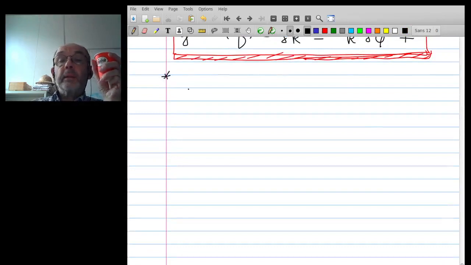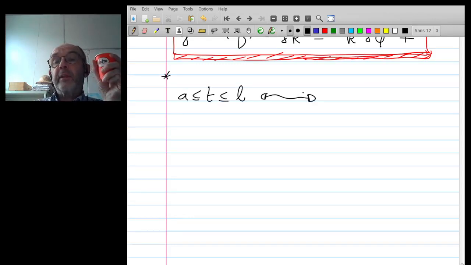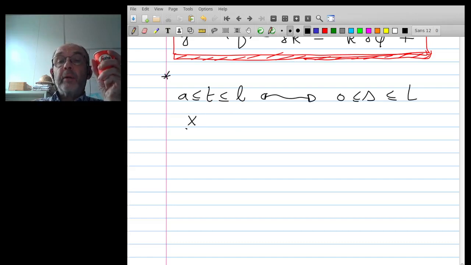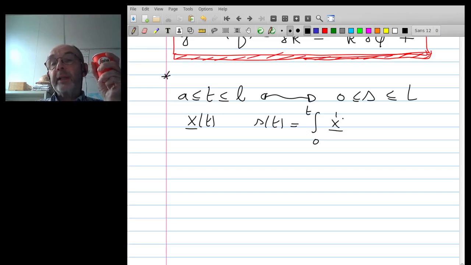Now, if you have some parameter t between a and b, you can calculate the length along a curve, and that will be greater or equal to 0 and less or equal to L. If your curve is parameterized by t, then the length along the curve is the integral from 0 to t of the length of the derivative vector, integrated over the variable. If you fill in, you get the arc length.